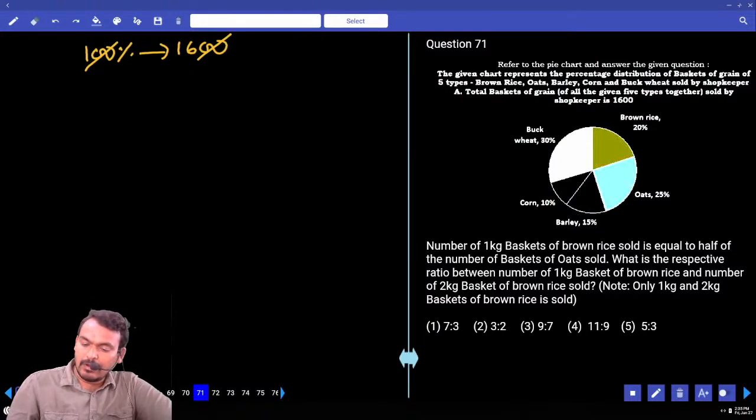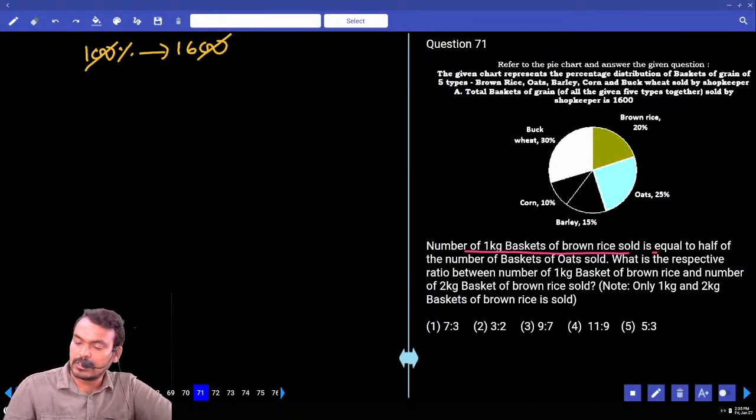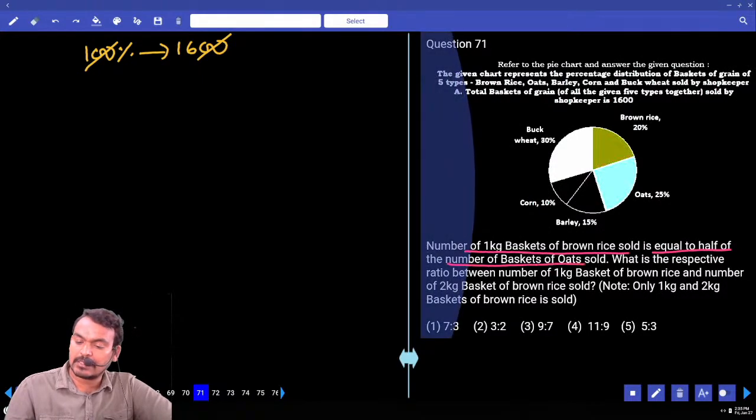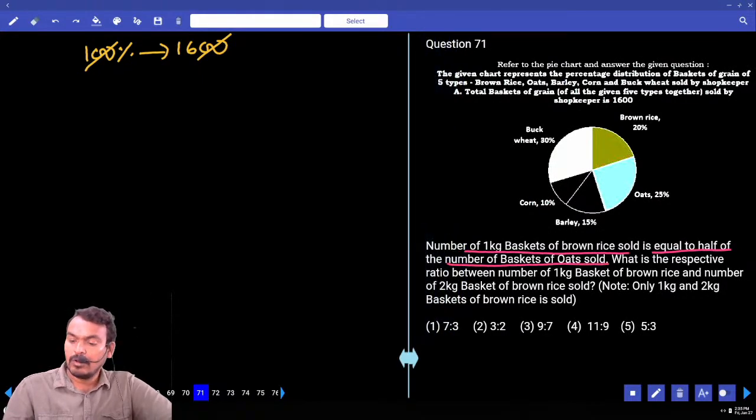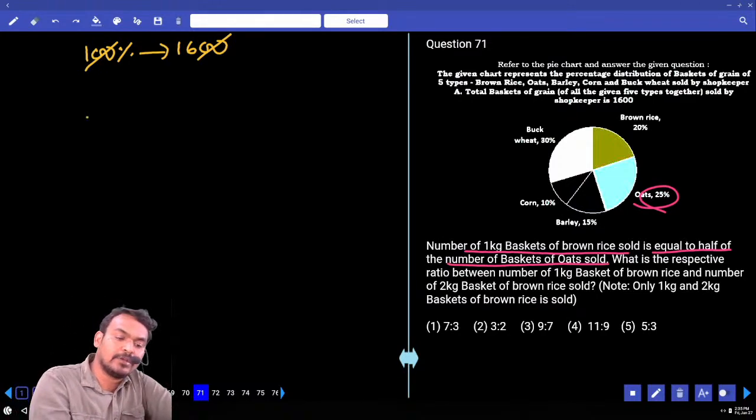First of all, the number of 1 kg baskets of brown rice sold is equal to half of the number of baskets of oats sold. Oats is 25%, half means 12.5%. That 12.5% is the 1 kg value.